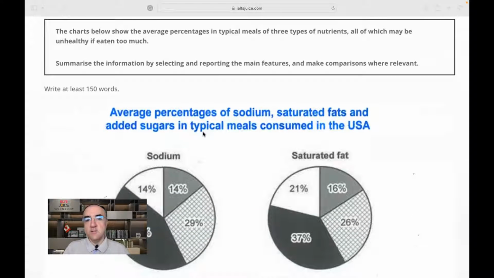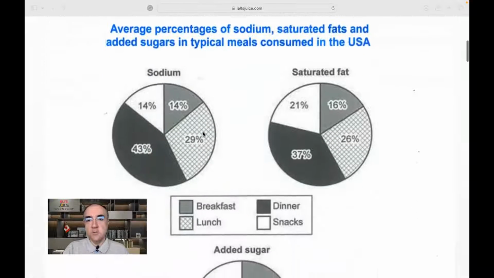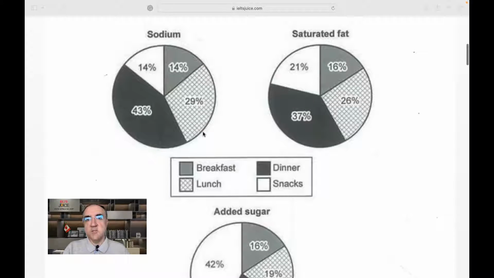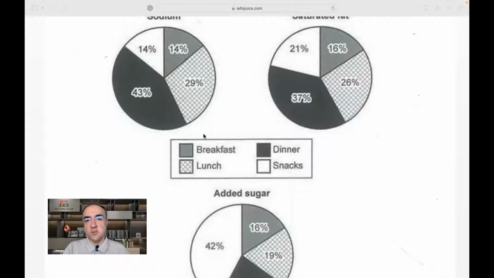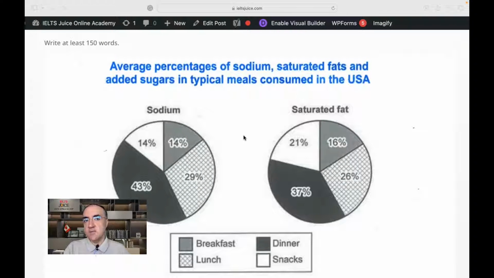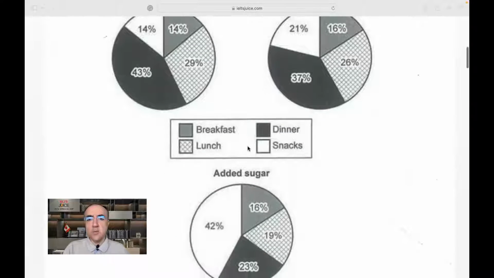So, oh, there are pie charts. 1, 2, 3 pie charts. And the nutrients are sodium, saturated fat, and added sugar. And in the legend, we have breakfast, dinner, lunch, and snacks. And the title says average percentages of sodium, saturated fats, and added sugars in typical meals consumed in the USA. Cool.